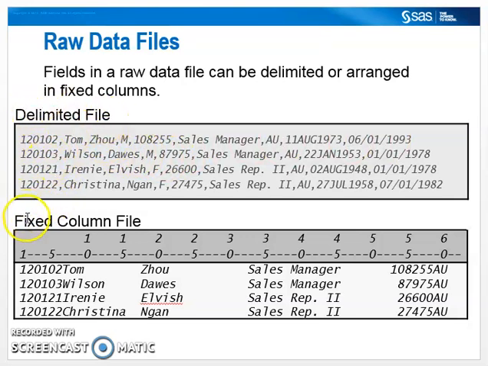So first of all, you have to know this is the delimited file. Then when we compare it to the fixed column file, this is a fixed column file because we know every single field. For example, for the first observation and first variable, 120102 contains 6 characters, followed by the second variable, for example Tom, 3 characters, but this is only for the first observation.